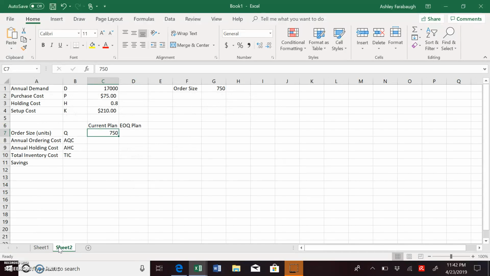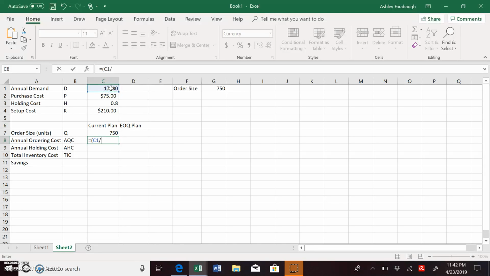So we need to first figure out the current plan solution, and our order size is 750. Our second step for this problem, for this plan, is our annual ordering cost, AOC. Now to get this solution, we're going to put our equal sign in, so Excel knows we're starting a formula for them to give us an answer. In parentheses, we're going to put our demand, 17,000.